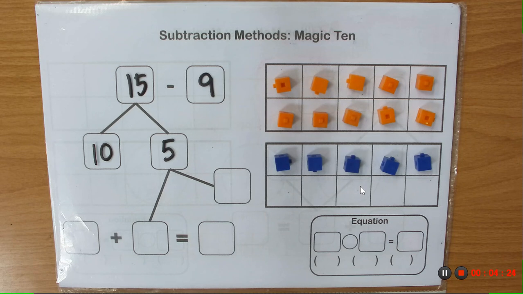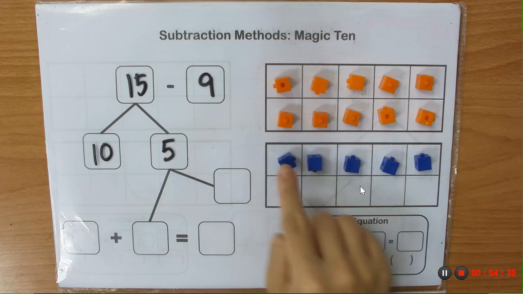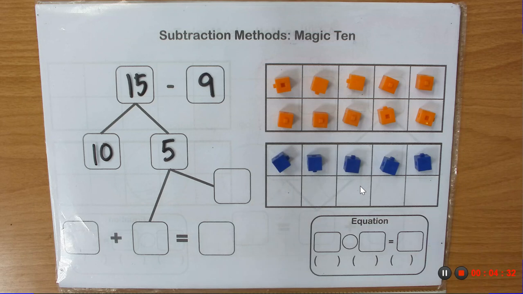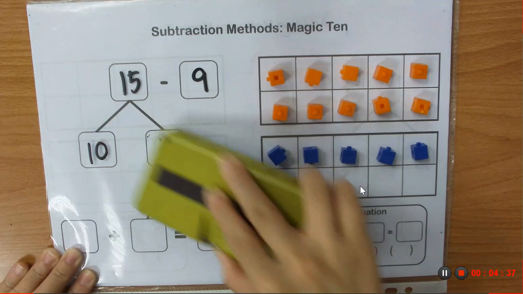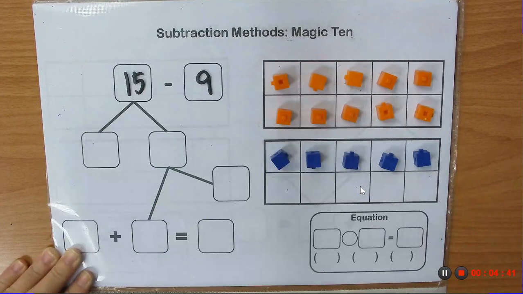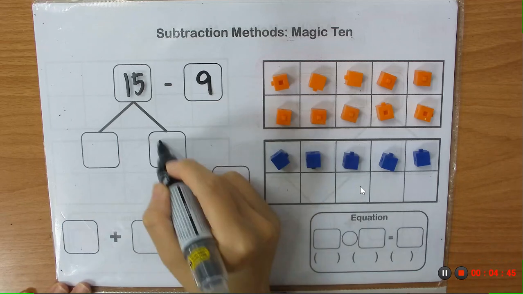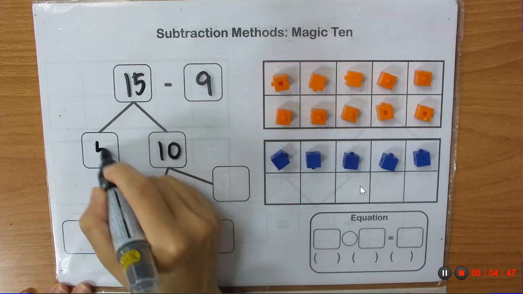So we go to the 10 frame, 10, 10, magic 10. Help us please. There isn't enough here to take away 9. So instead of taking away from 5 ones, I will go to the 10s place to ask for help. 10, 10, help us please.